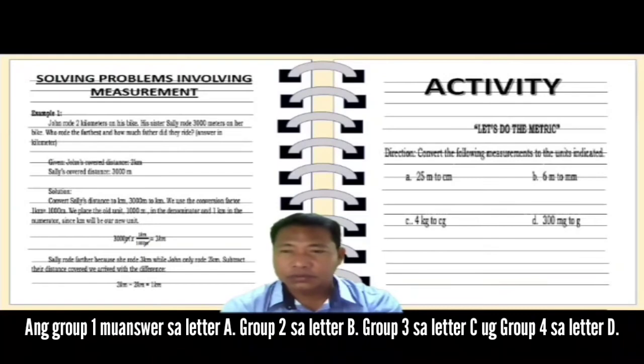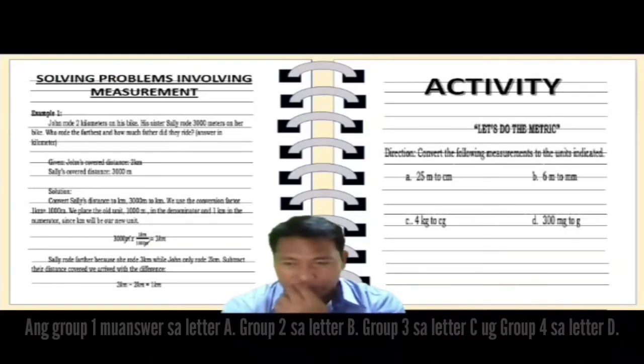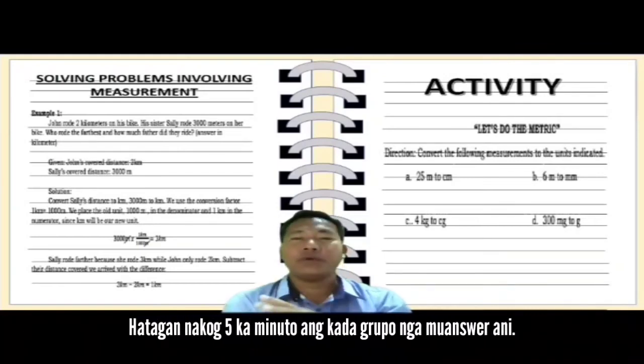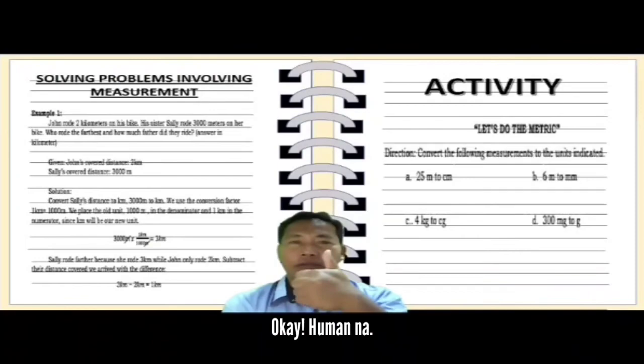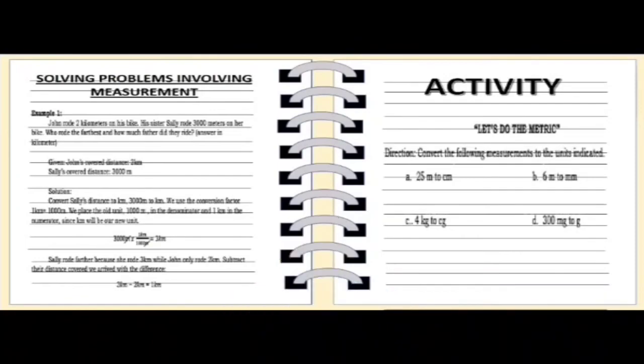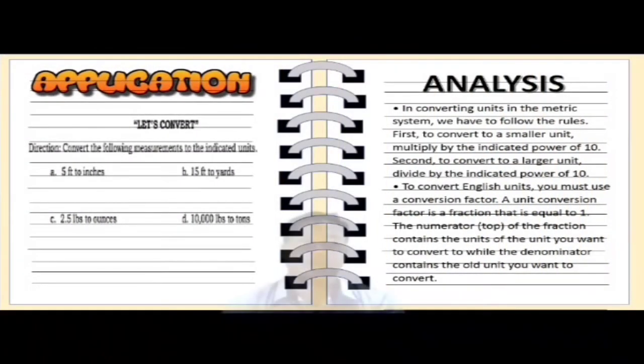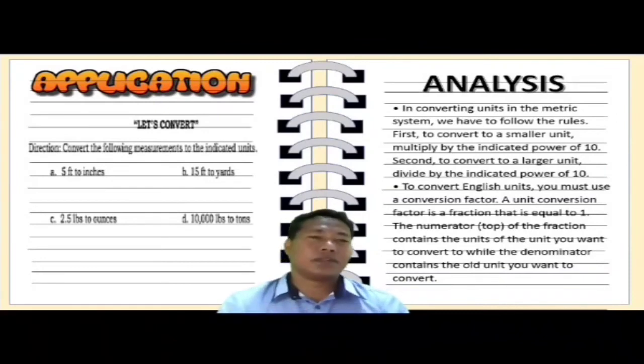And letter D will be converted by group 4. Okay? I will give you 5 minutes to answer our activity. Okay? Time is up. 5 minutes done. Now, very good.